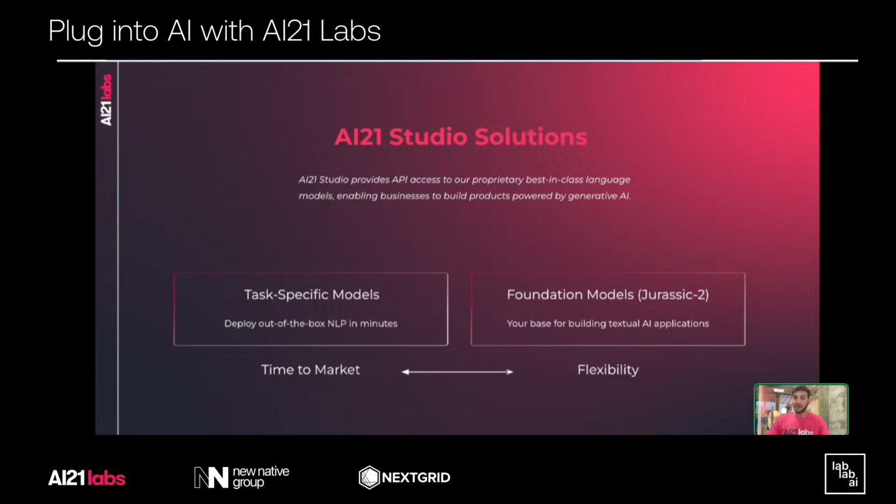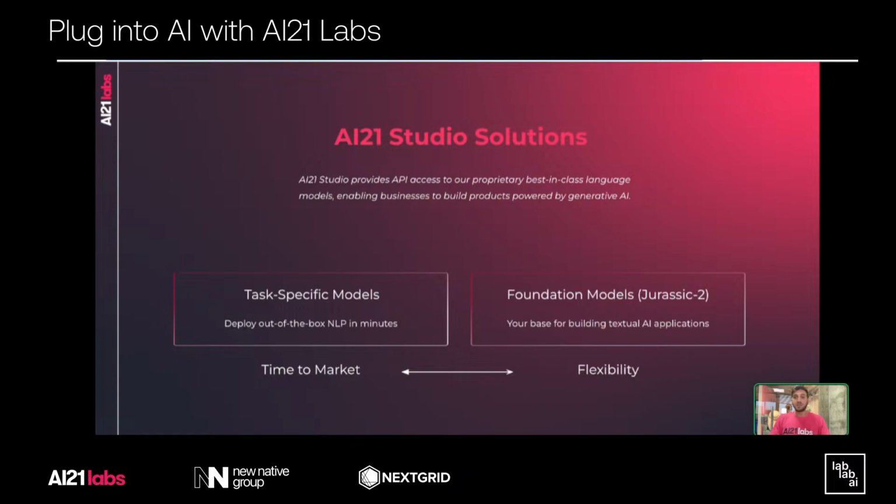These APIs are tailored to specific tasks like summarization, paraphrasing, segmentation, question answering, and more, making the integration of AI into your applications simpler than ever. Additionally, we offer foundation models.